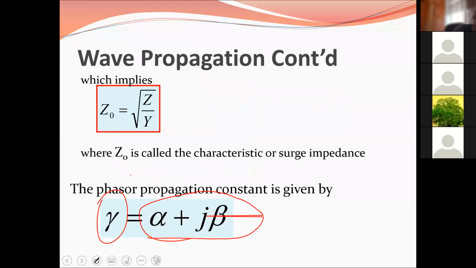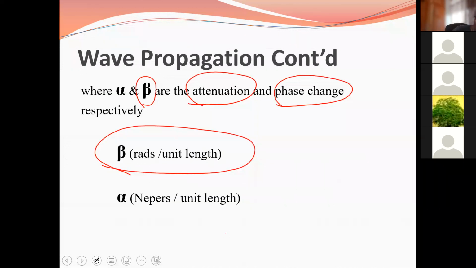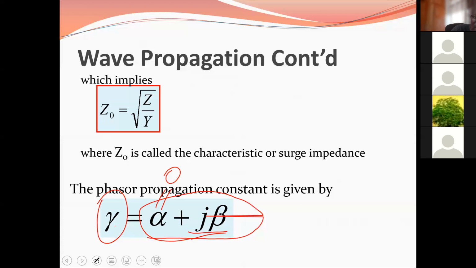If attenuation is 0, then gamma is equal to j beta. And it is 0 if the line is lossless. We know that is not practical, but for our purposes, we're going to make that assumption.